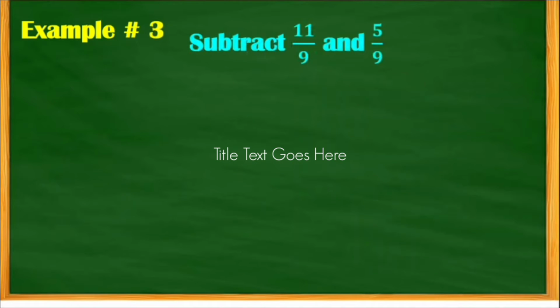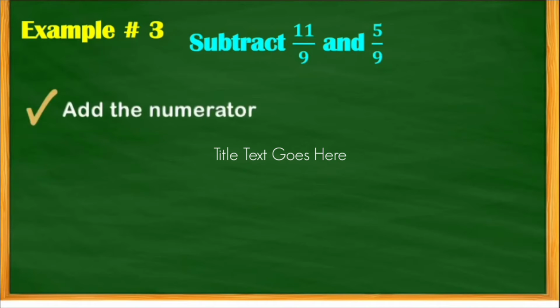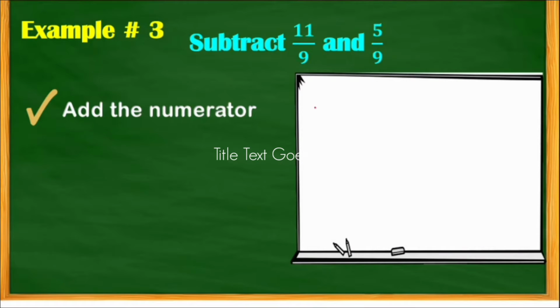So, let's have example number 3. Subtract 11/9 and 5/9. Take note, we're going to subtract. So, let's change addition to subtraction because the operation is subtract. 11/9 subtracted by 5/9.